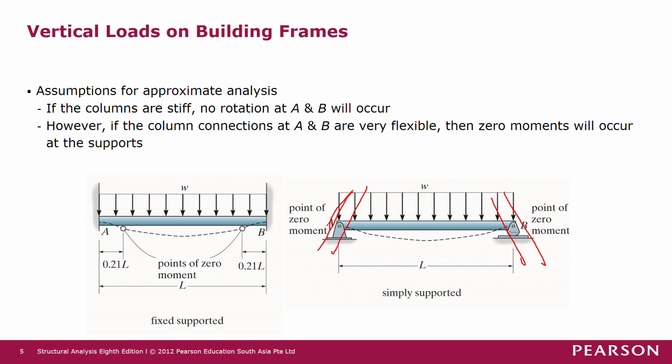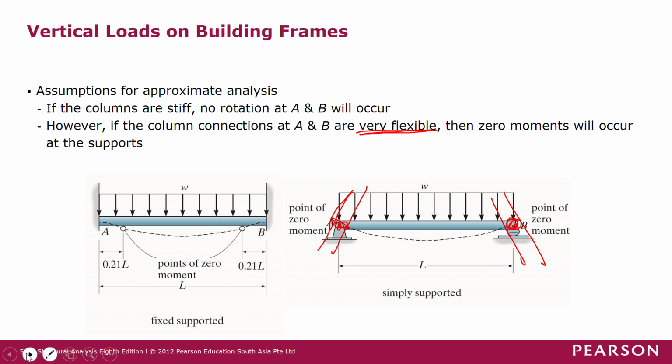So there is a zero moment at the supporting columns as well as in the beams. In this case, the zero moment points are at the supports. So this is another extreme case, where we assume that the column is very flexible. In this case, the zero moments will occur at the supports.